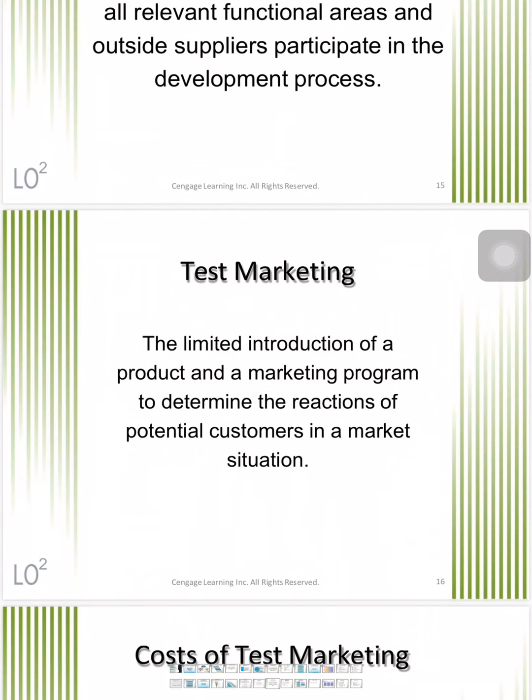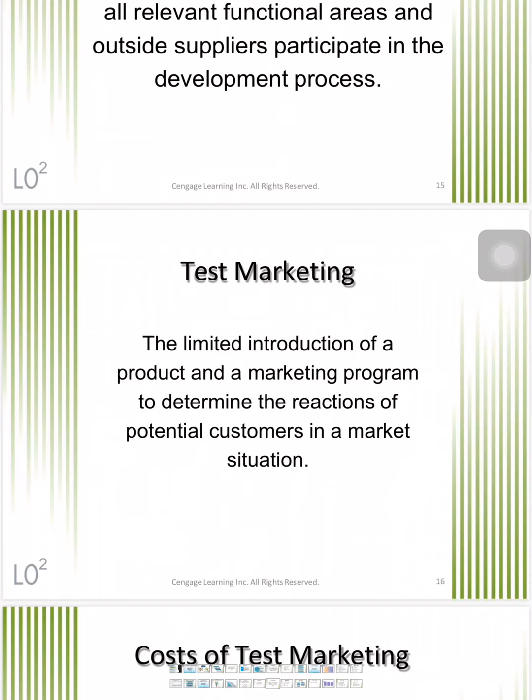Next is test marketing. Test marketing is the limited introduction of the product and a marketing program to determine the reactions of potential customers in market situations.